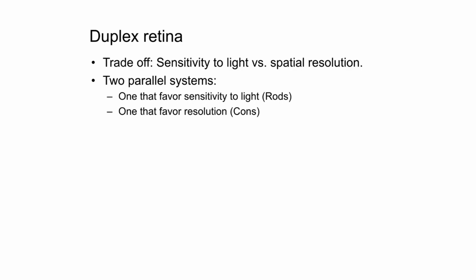So this is the trade-off between rods and cones. For instance, rods usually trade spatial resolution for sensitivity to light, and cones usually trade sensitivity of light for spatial resolution.